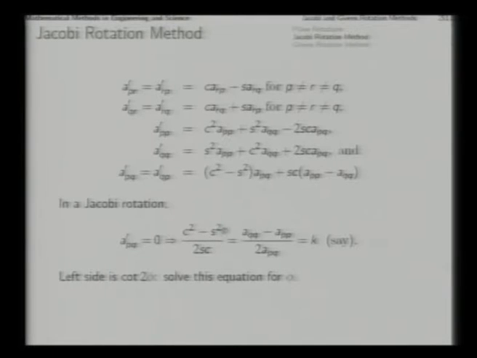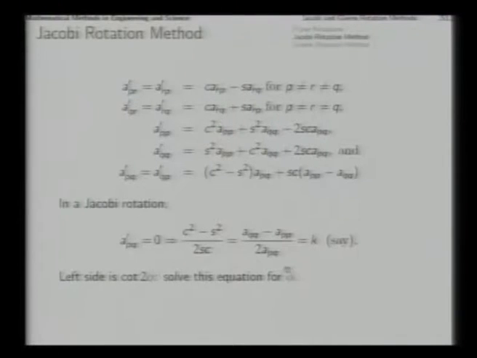And now note, what is this? This is cos square phi minus sin square phi, which is cos 2 phi, and this is twice sin phi cos phi, which is sin 2 phi. So, this is cos 2 phi by sin 2 phi, that is cot 2 phi. So, cot 2 phi is equal to an expression of the old elements of A, which is known.